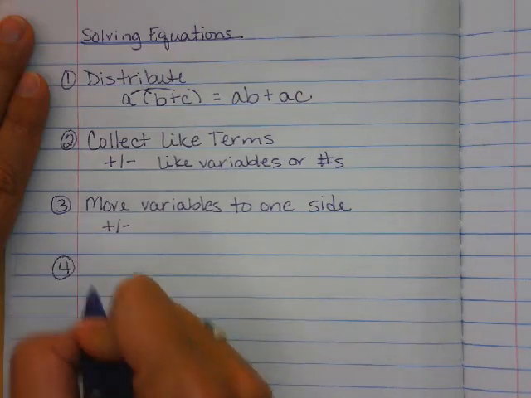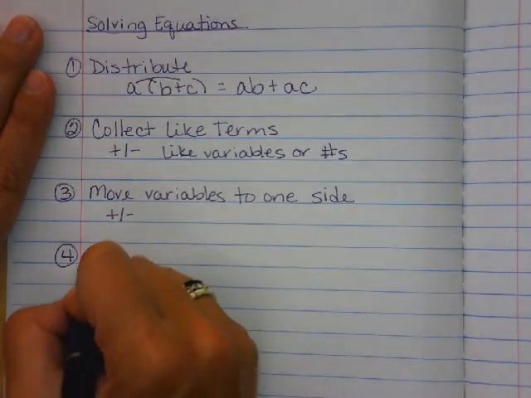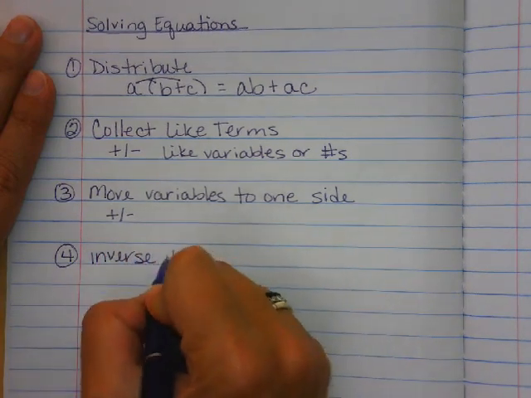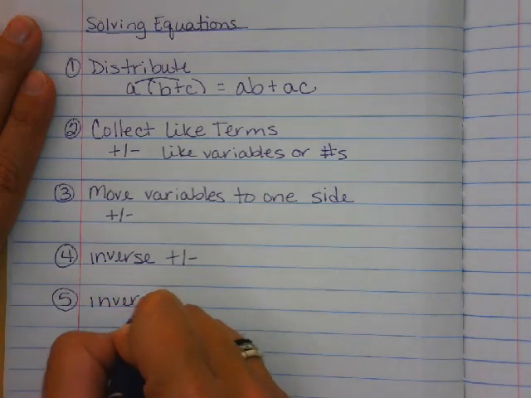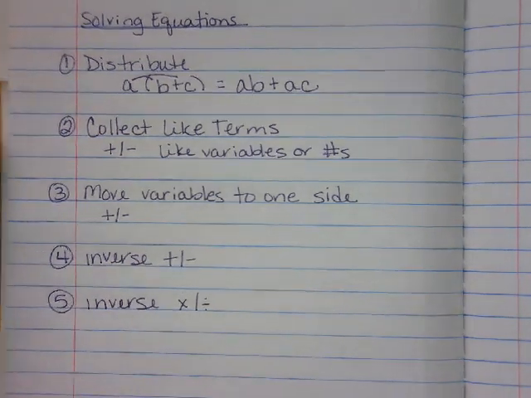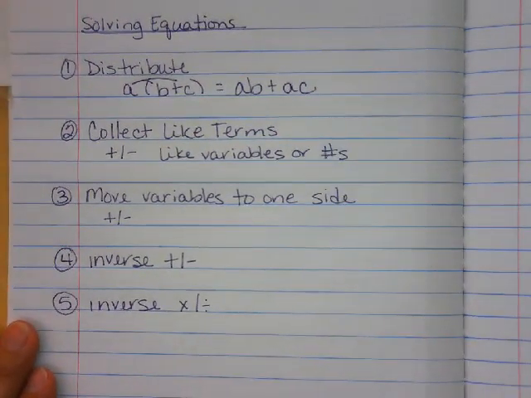And then steps 4 and 5 are what you've learned in 6th and 7th grade. So we're going to do our inverse operation, add, subtract, and then our inverse operation, multiply, divide.